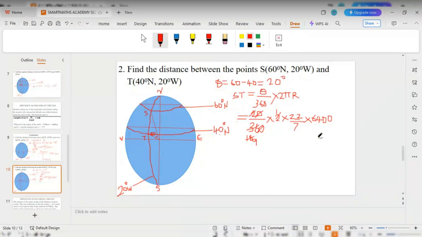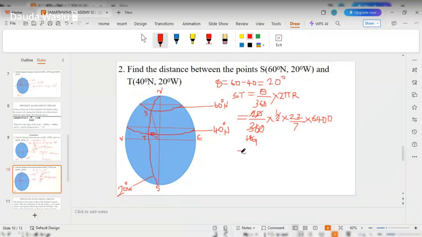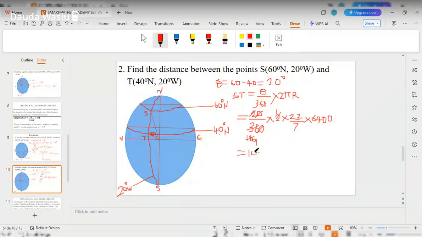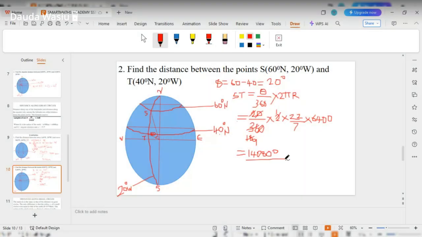So 22 times 6,400 equals 140,800, divided by 9 multiplied by 7, that is 63.